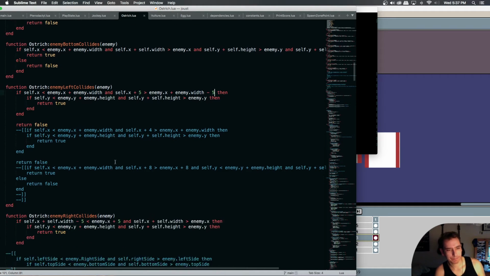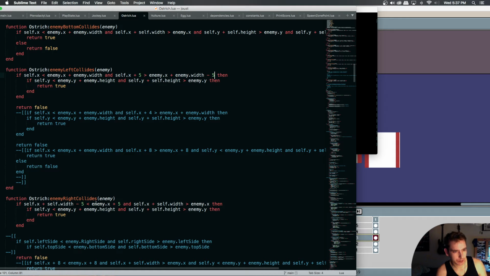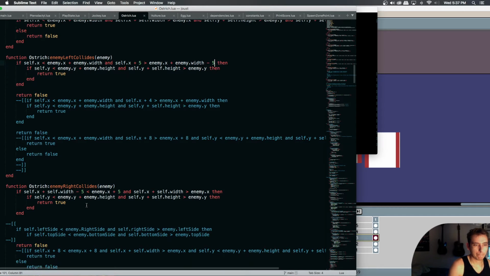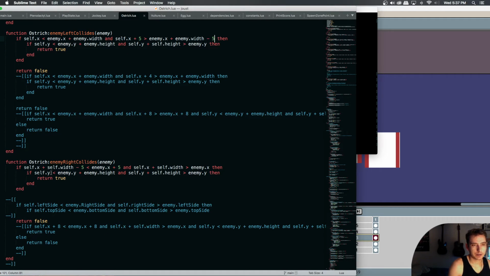Let's just try true axis aligned bounding box for our side collision. So we're seeing if our left side. Why is it not working though? Part of me thinks we just need to spawn a vulture on our mouse point again and print out manually these collisions because they're just so jacked up.